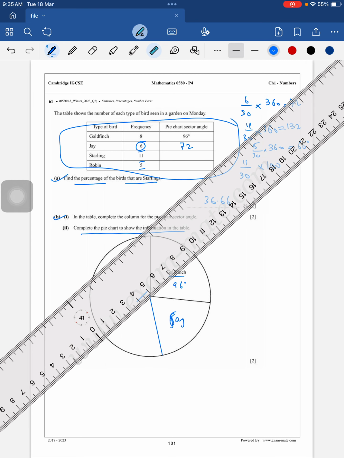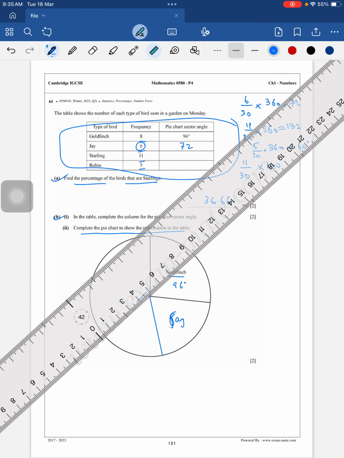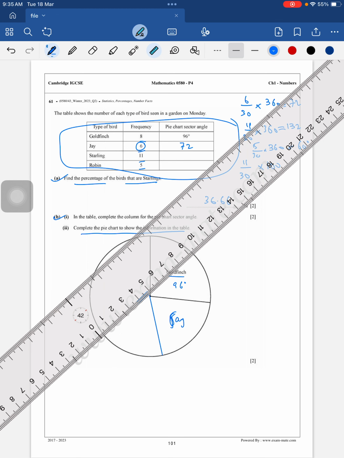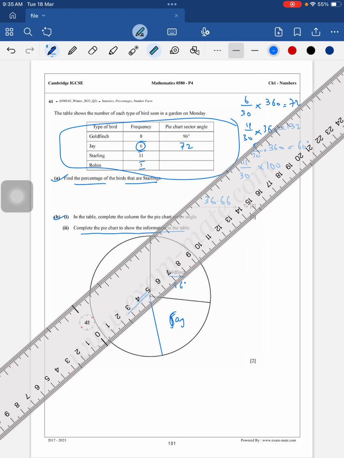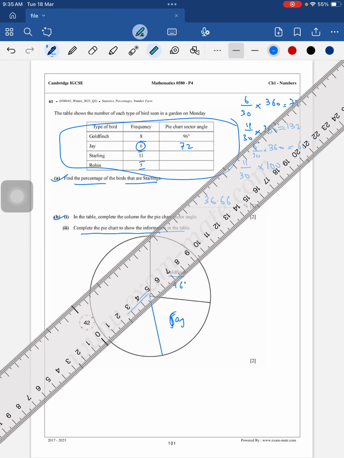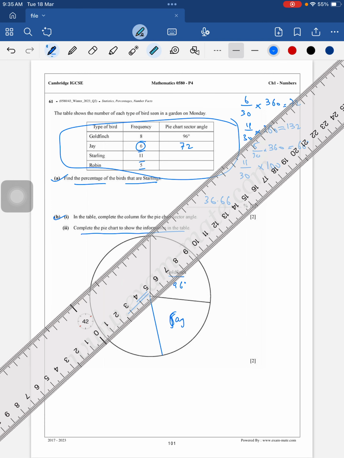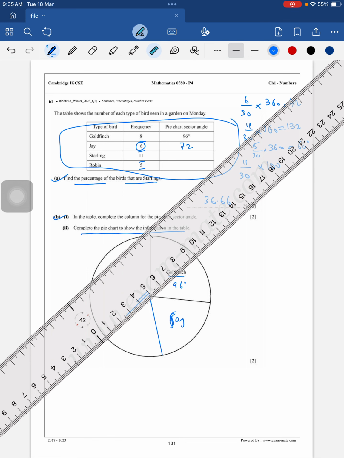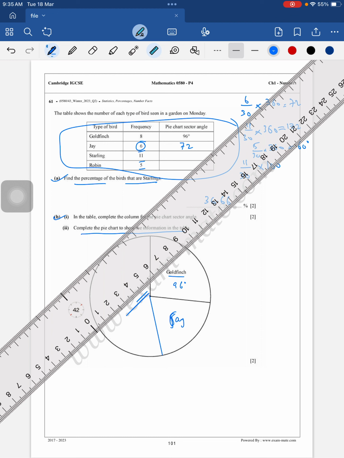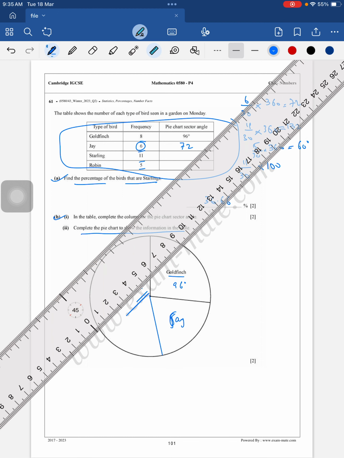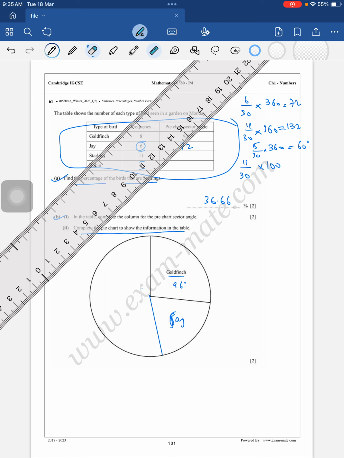It's moving to 45, I don't know. Okay, it's not complying with this, so let's work not for 60.